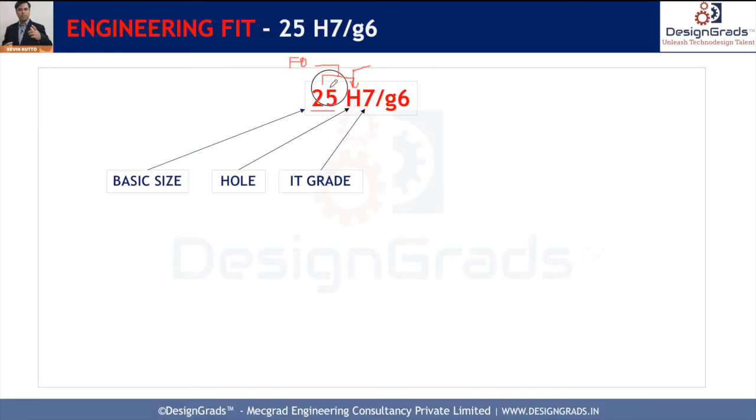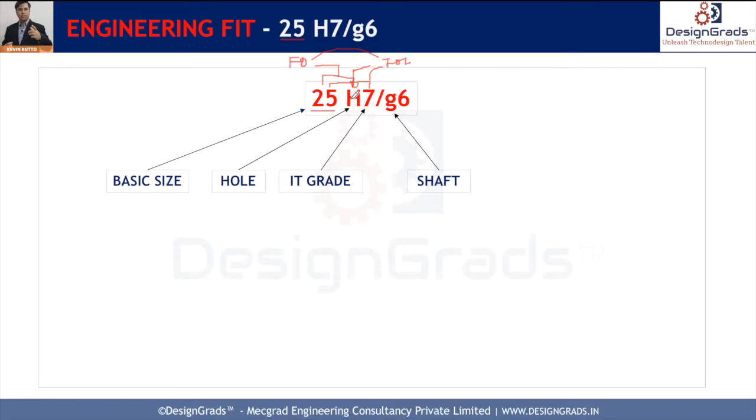Similarly, the combination of this basic size and this IT grade is going to provide us a tolerance on the hole. Both these pieces of information together are going to help us provide the upper and lower limit on this 25 basic size to get a particular engineering fit, specifically in this case H7G6.